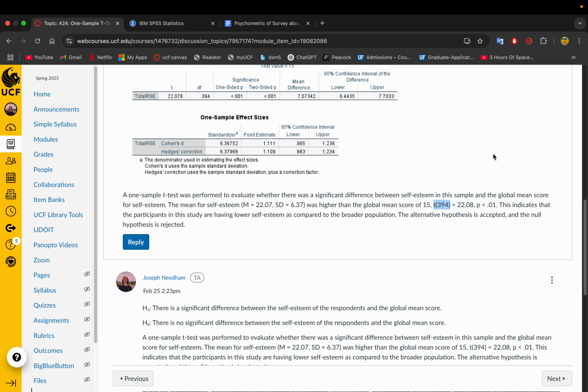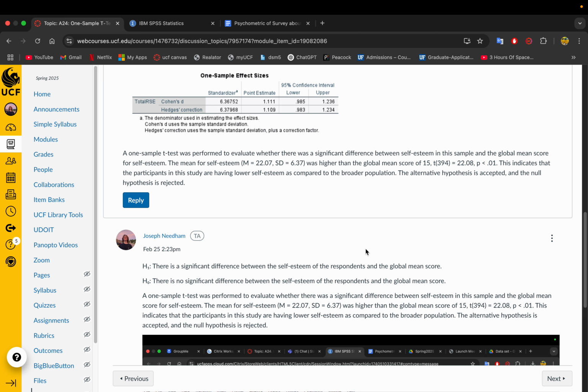Sometimes you might be used to seeing less than 0.001, which is up here, but since we are only using 2 decimal places in our statement, we are just going to use 2 decimal places for the p-value. So p is less than 0.01, and that does indicate that the participants in the study are having lower self-esteem as compared to the broader population. The alternate hypothesis is accepted and the null hypothesis is rejected.